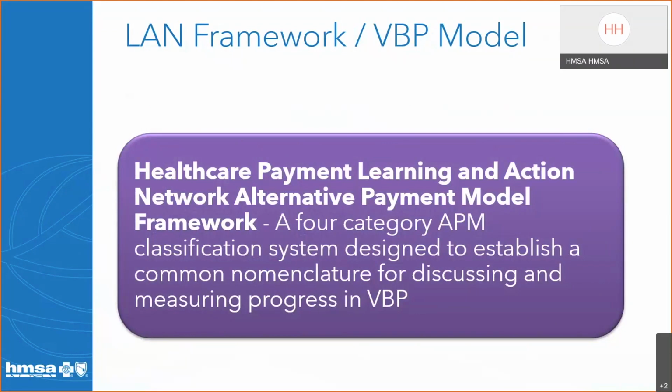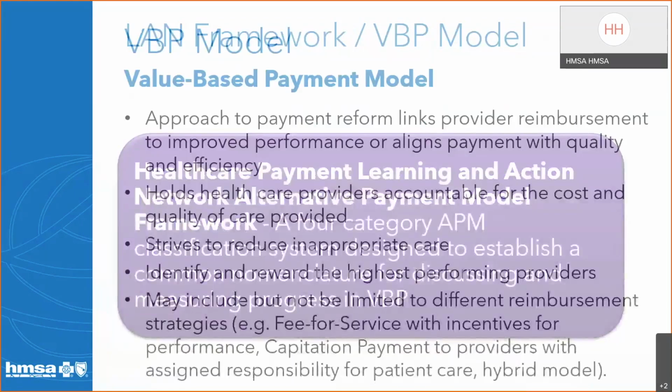It lays out core principles for designing alternative payment models, which have influenced payers and purchasers, and it also forms the basis of the annual APM measurement effort. Private payers use the framework to set value-based payment goals and at least 12 state Medicaid agencies use it to set value-based purchasing requirements in contracts with managed care organizations.